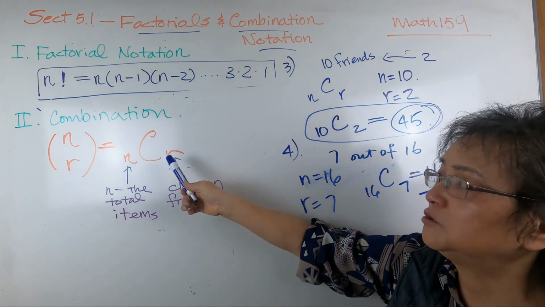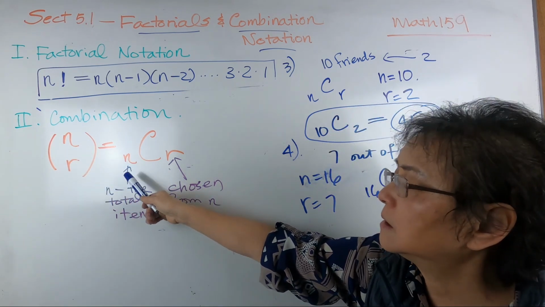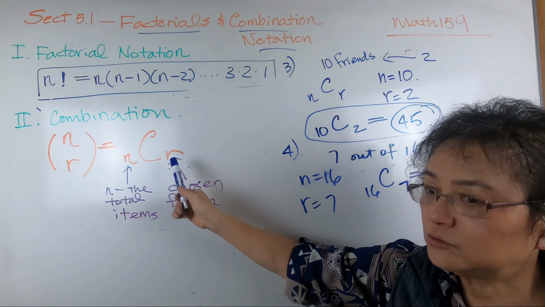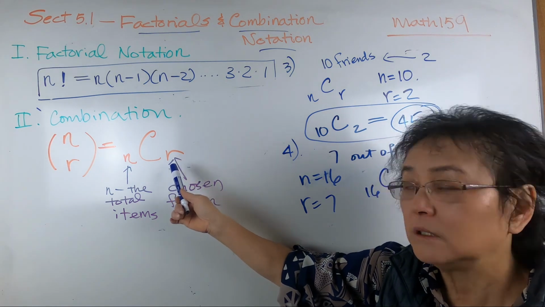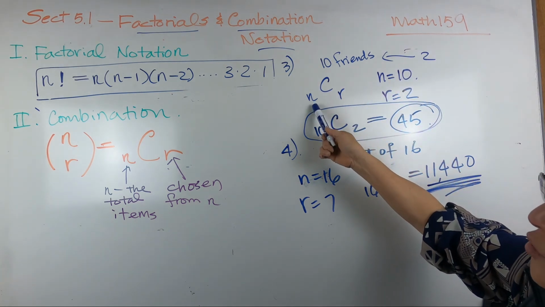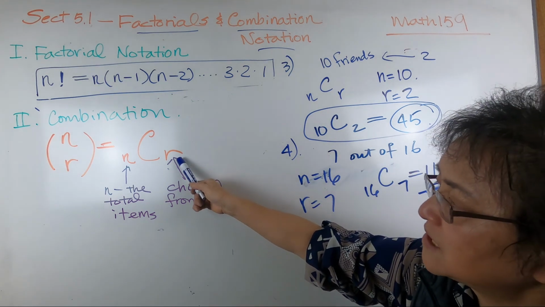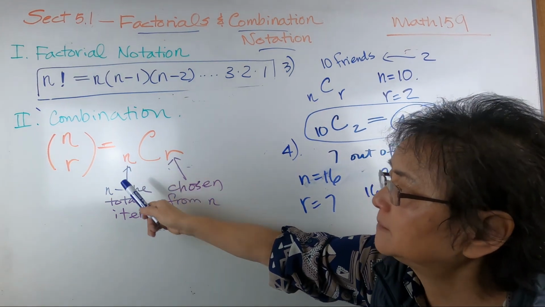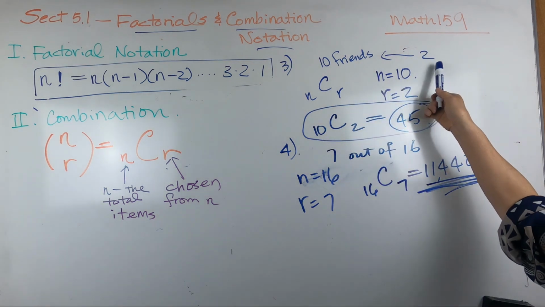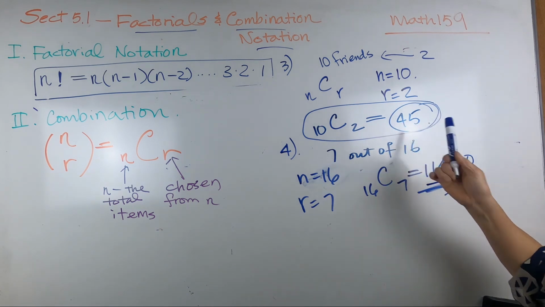Then another thing you learn is combination notation, nCr, which on the calculator is nCr. How do we use this formula? We use it this way. N is your total items, then R is how many things you would choose from the N. 10 friends, you choose 2. It would be 10C2. Then you use the calculator to do that.